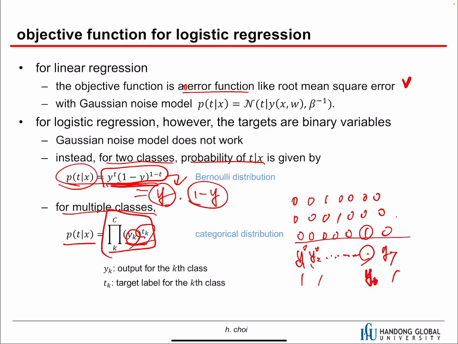If we multiply all these probabilities, we have y6. So this will be y1 if the target class is the first class, or y2 if the target class is the second class, etc. So this is our probability.